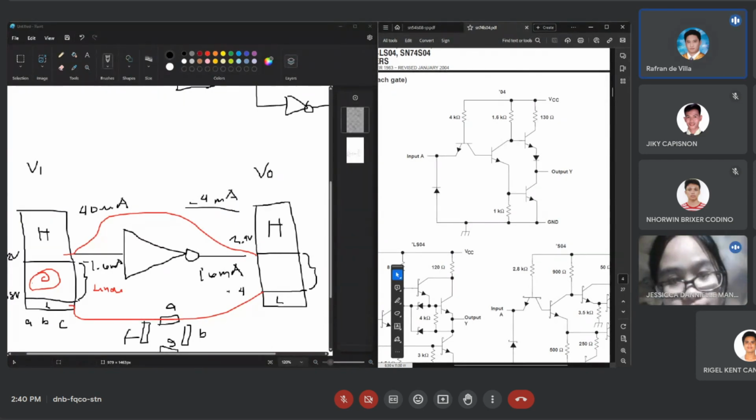You may also call a friend if you really have no idea. Why is the current output low larger compared to the current output high?